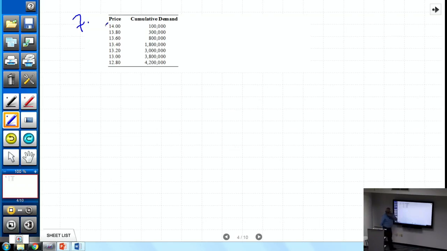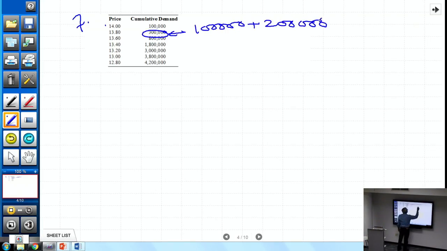So the highest offer at $14, the number of shares was 100,000. The next highest offer is 13.80. The number of shares was 200,000, but this one is showing 300. That is because it's the 100,000 from the first offer, the $14 offer, plus the 200,000 from the 13.80 offer.